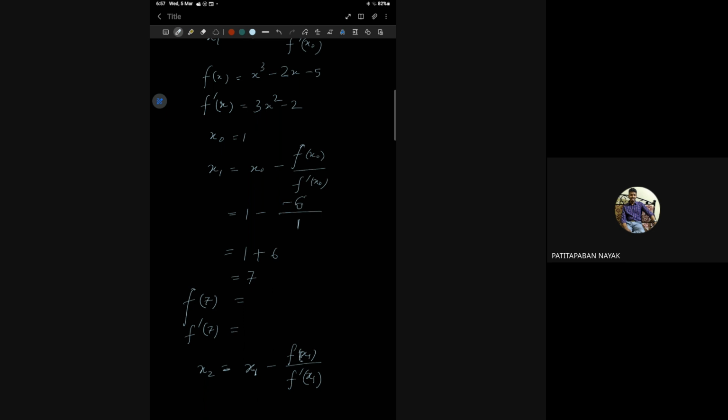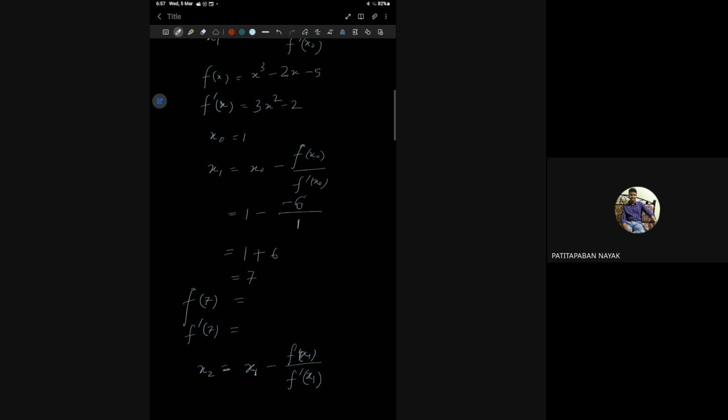Since we are doing it using a calculator on our own, it is taking time. But if you use an Excel sheet or a computer, the computer will do it in seconds. That's why this is computational physics.